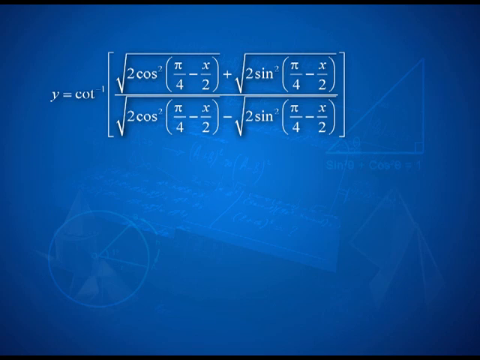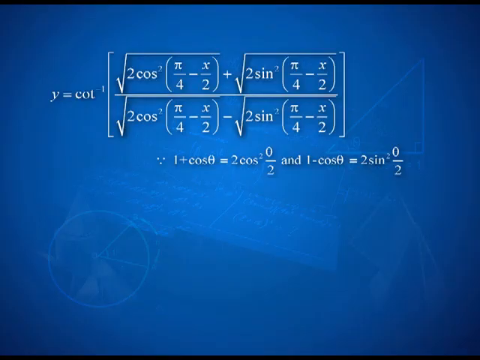Simply because 1 plus cos theta is 2 cos squared theta by 2 and 1 minus cos theta is 2 sin squared theta by 2. Therefore, 1 plus cos of pi by 2 minus x simplifies to 2 cos square of pi by 4 minus x by 2 and 1 minus cos of pi by 2 minus x simplifies to be 2 sin square of pi by 4 minus x by 2.